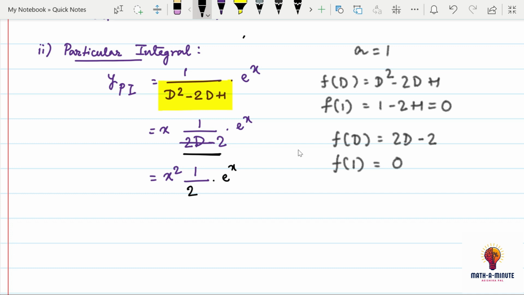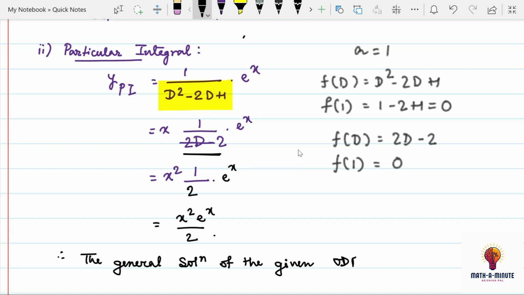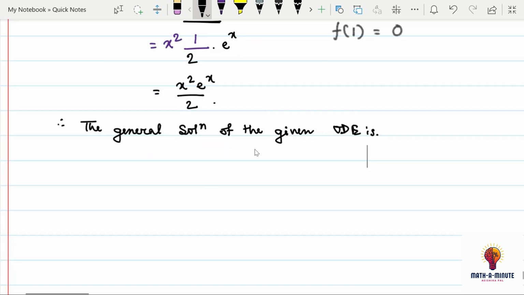So our particular integral will be x squared e to the power x by 2. Therefore the general solution of the given differential equation will be y equals y_CF plus y_PI.